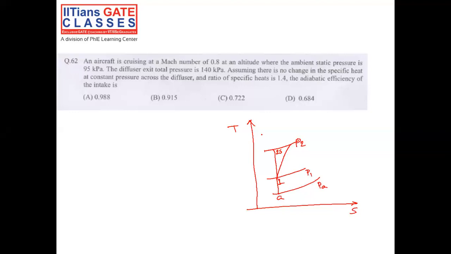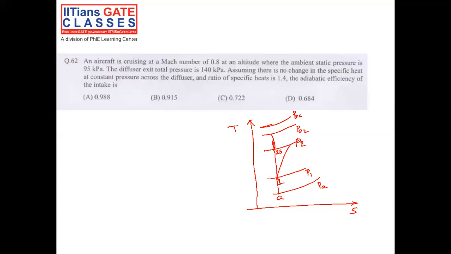This is P2, and this is the total pressure at the ambient, the atmosphere. This is total pressure at the exit of the diffuser. This is static pressure at the exit of the diffuser.